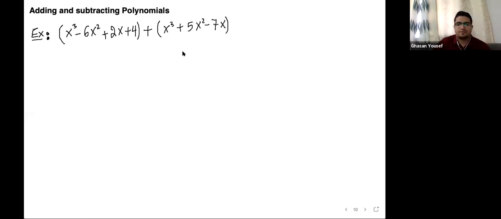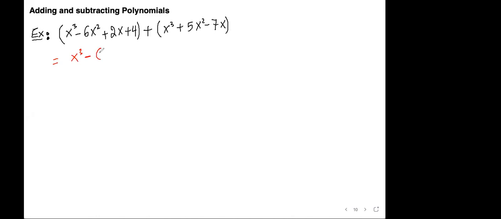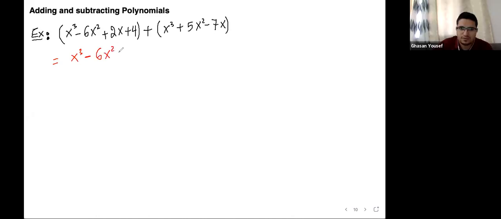So first thing, for adding polynomials, we have to remove the parentheses. So to remove the parentheses, I now get x to the power 3 minus 6x squared plus 2x plus 4. And here we have plus x to the power 3 plus 5x squared minus 7x. This is the first step.